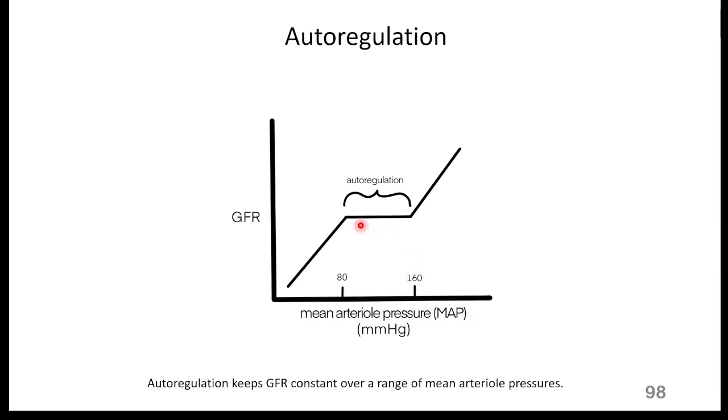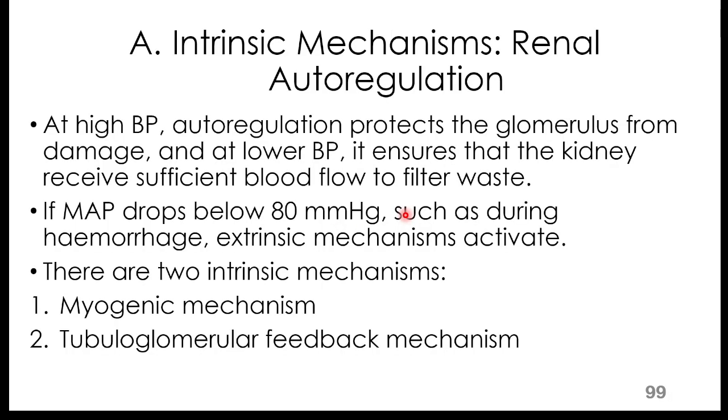It means that for a wide range of variation of mean arterial pressure in the systemic circulation, autoregulatory mechanisms in the kidneys are able to maintain GFR at a near constant level. When the blood pressure is very high, autoregulation protects the glomerulus from damage, and at lower blood pressure, it ensures that the kidney can get enough blood to filter waste.